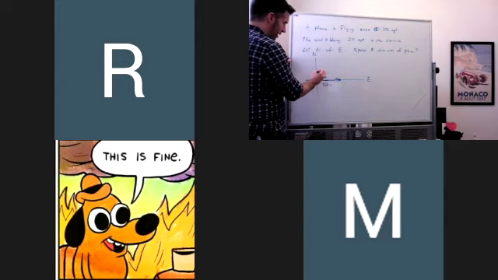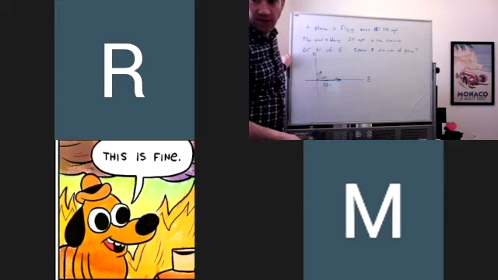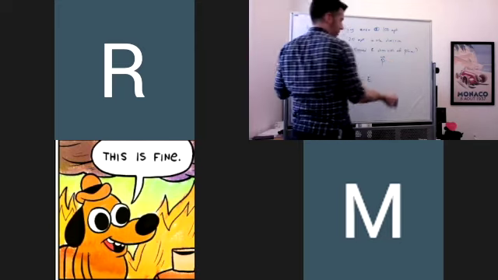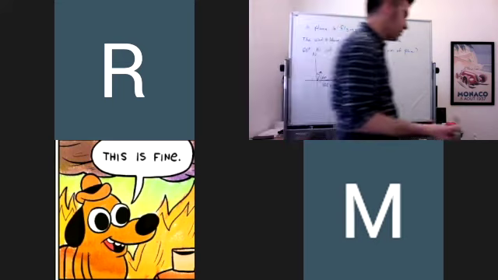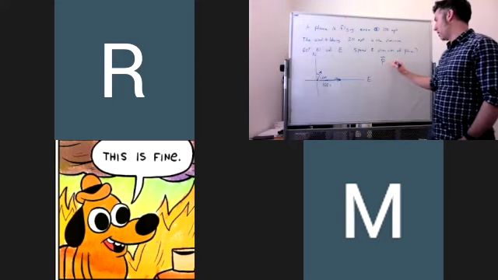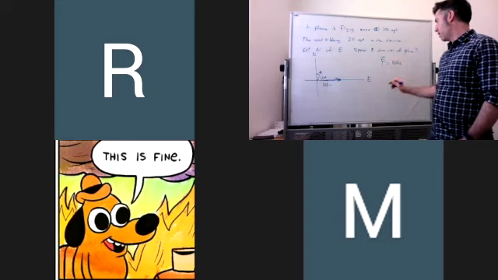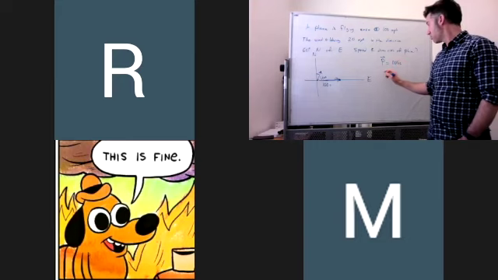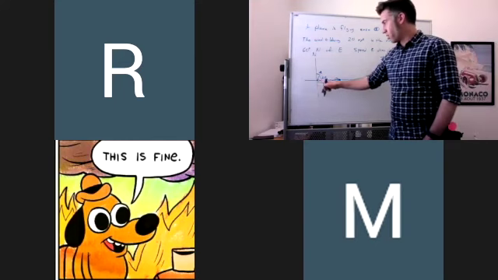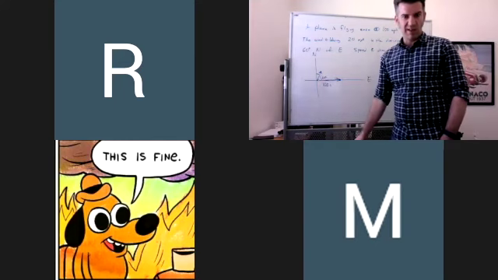So we need to find what that vector looks like. We know the vector for the plane's velocity is 100i. And the velocity for the wind would be, well, we're going 20 in that direction.